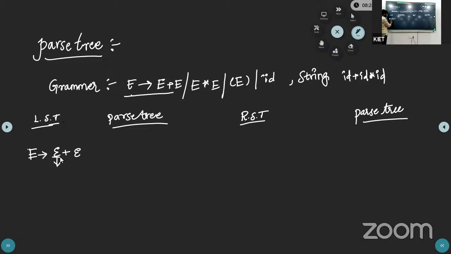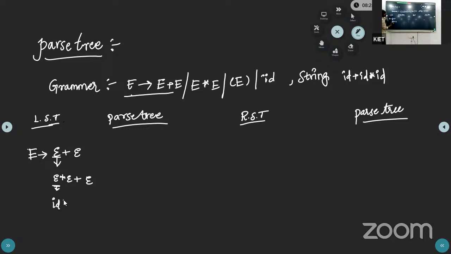So the first symbol is E. To get the string as an input, I replace E with E into E plus E. Coming again to the left, I replace E with ID, so I get the first element in my string.